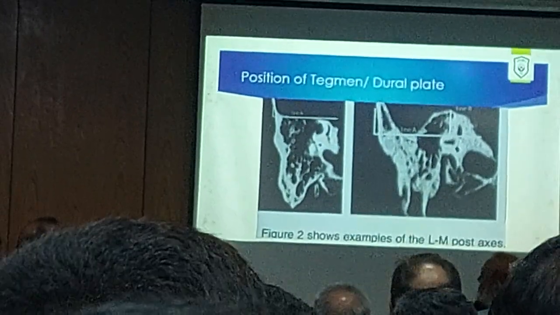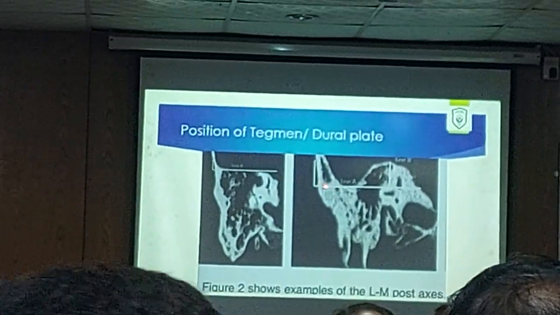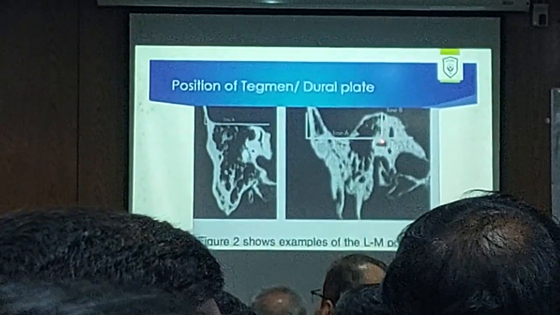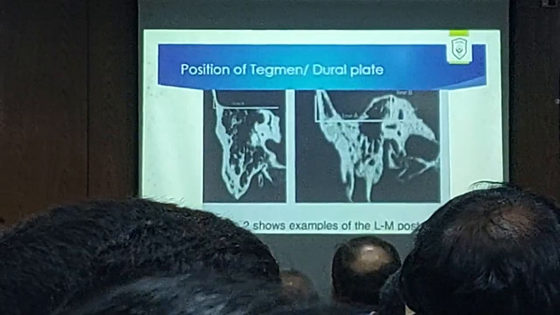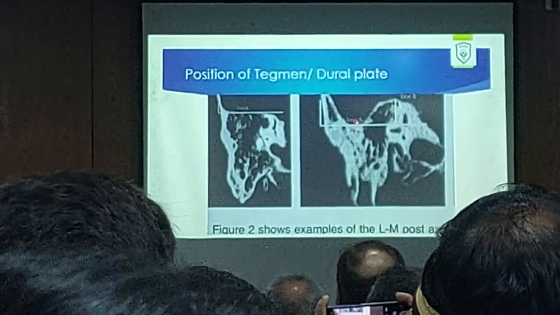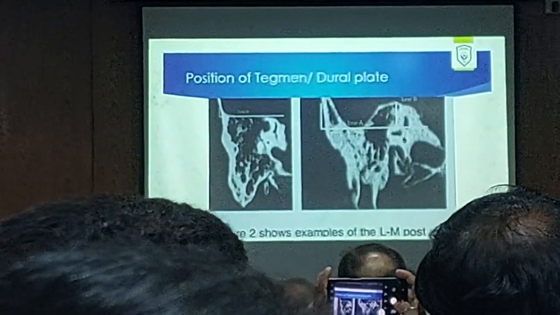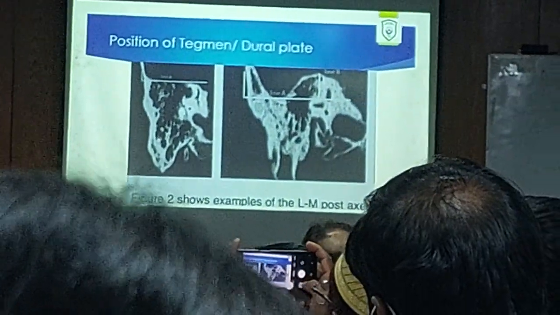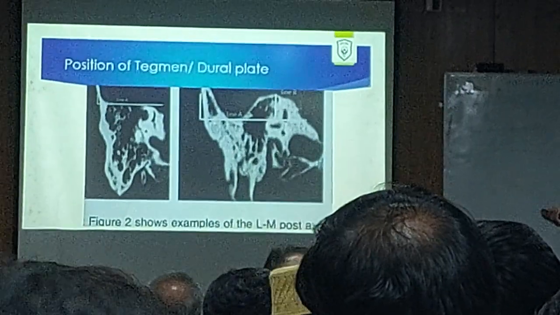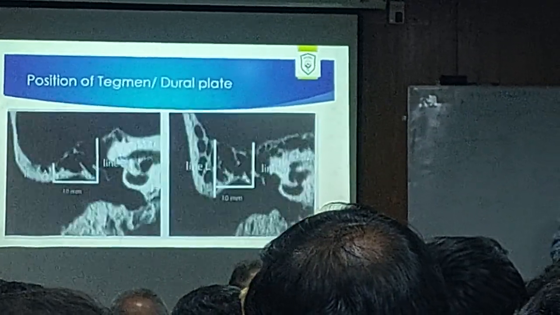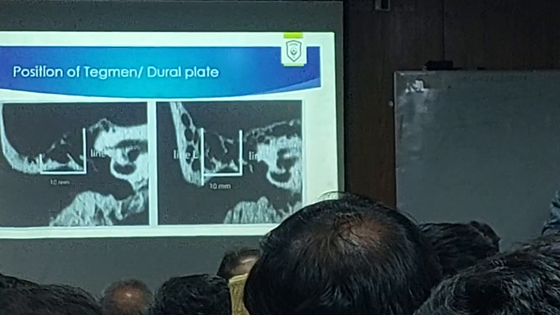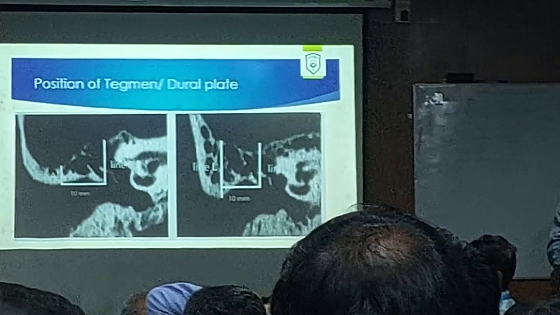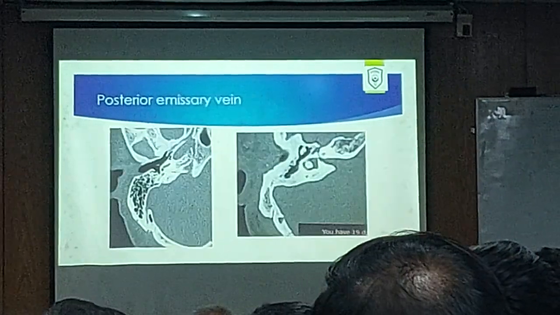So if we make a vertical line, and the distance from the lateral semicircular canal to the arcuate line is shorter, nearer to the lateral semicircular canal, then we can say this is a low-lying dura. But in the previous slides, it is very easy to find out the tegmen position.